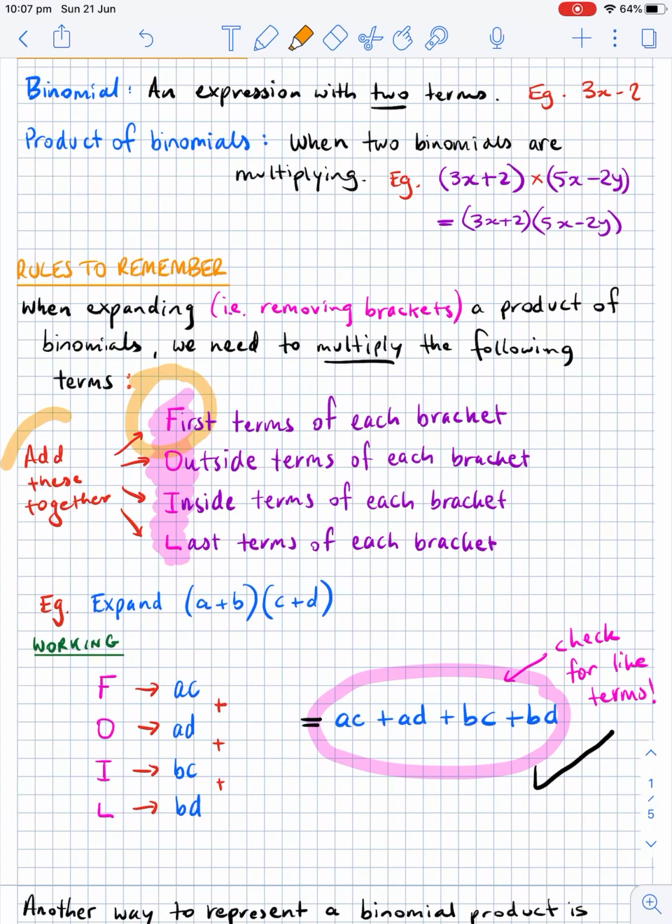So the F of FOIL means that the first terms of each bracket need to multiply. Next up, the outside terms of each bracket need to multiply. Then the inside terms of each bracket need to multiply. And lastly, the last terms of each bracket need to multiply. Once you've done all four of these multiplications, then you add these terms together.